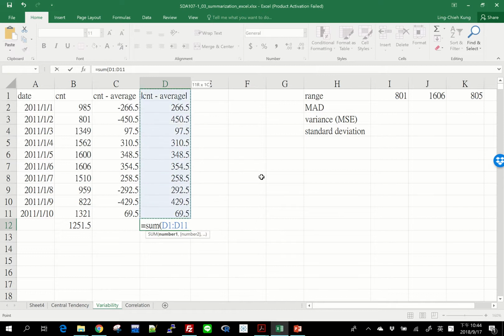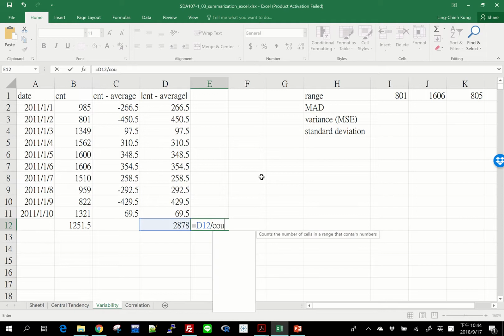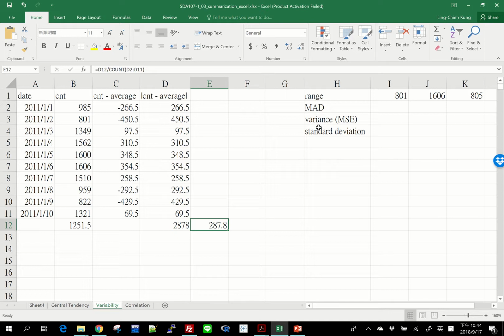So this is the sum of absolute values of deviation. Then all I need to do is to divide this particular number by the total number of values I have, in this case 10. So the MAD in this particular example is 287.8. So that's my MAD.